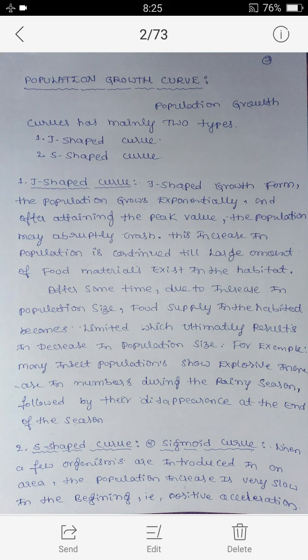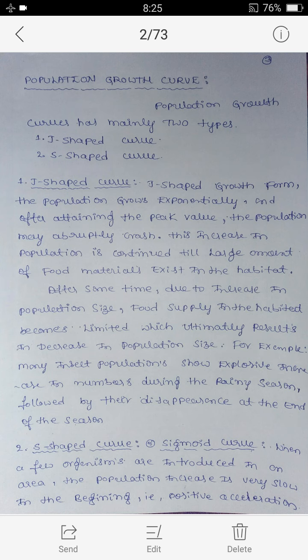After some time, due to increase in population size, food supply in the habitat becomes limited, which ultimately results in decrease in population size.